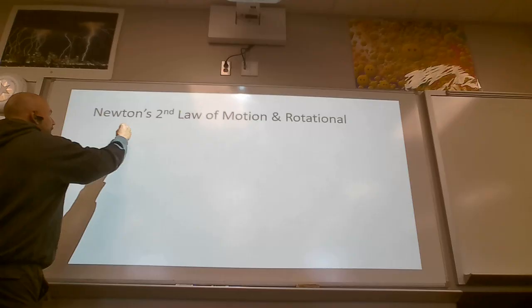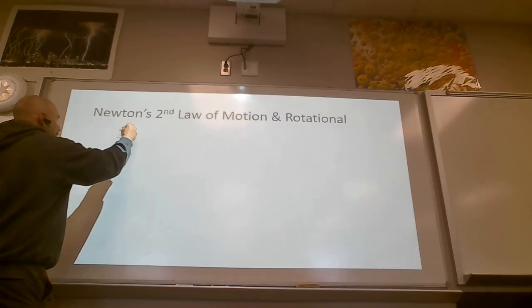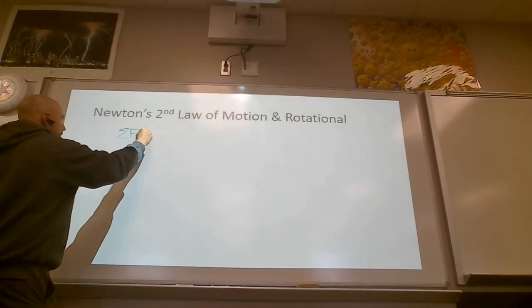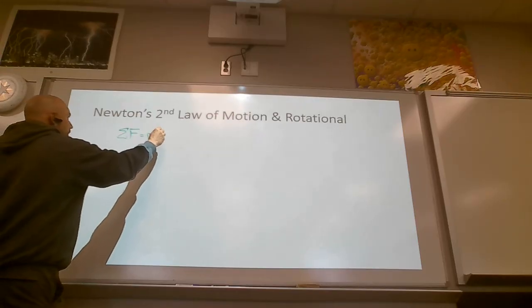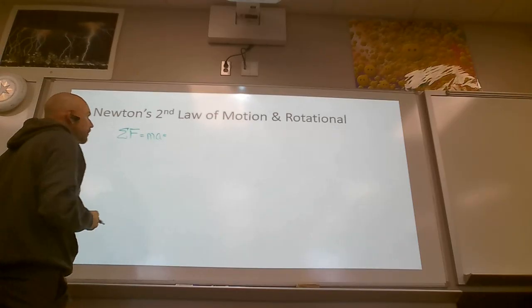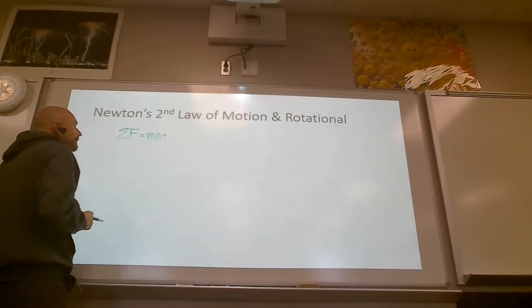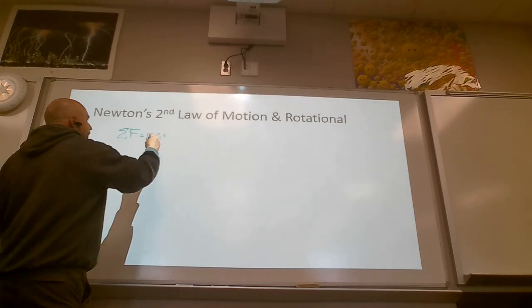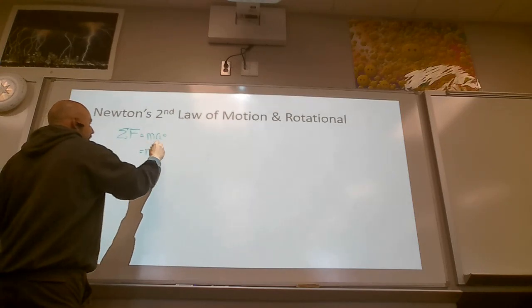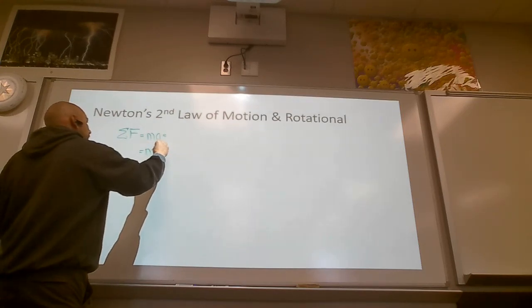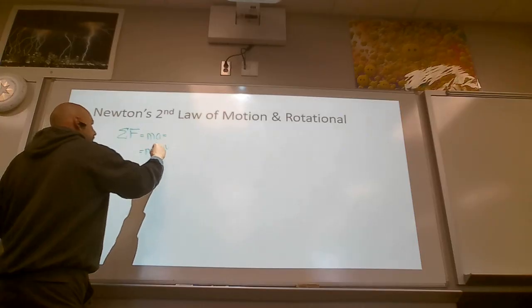So Newton's second law: net force is equal to mass times acceleration. From a derivative point of view, we can do mass times change in velocity over change in time.